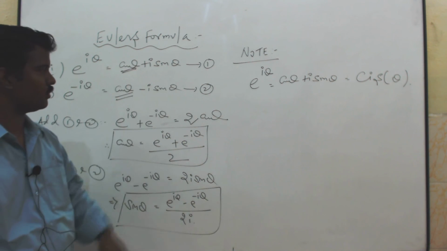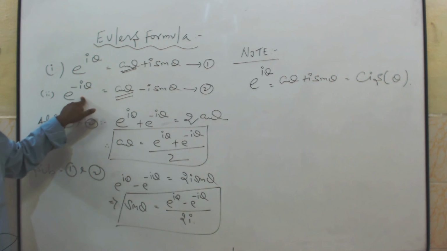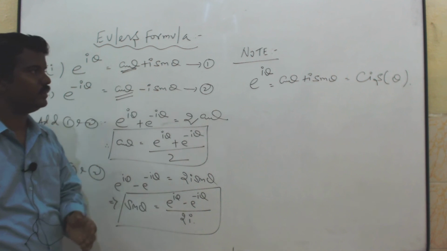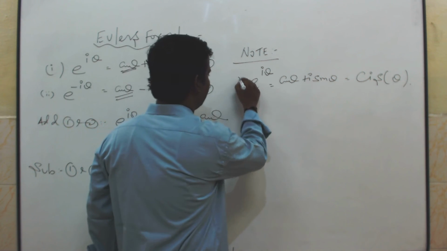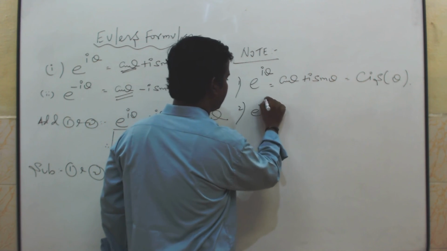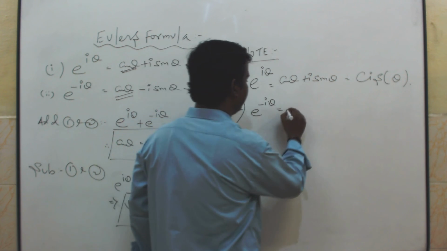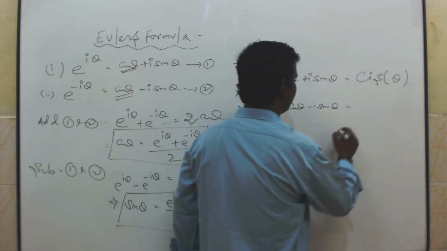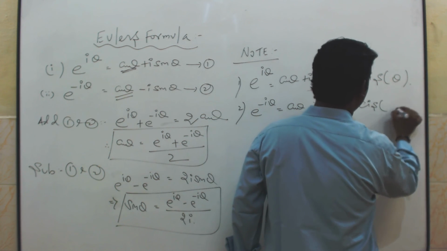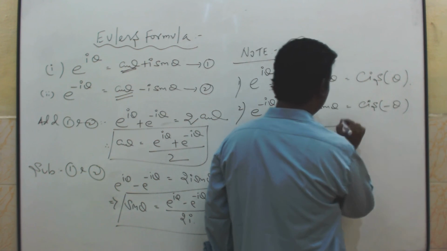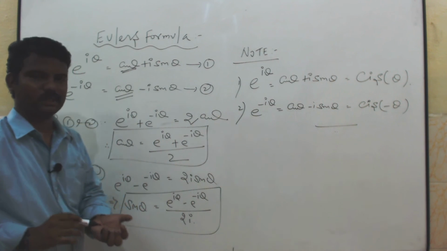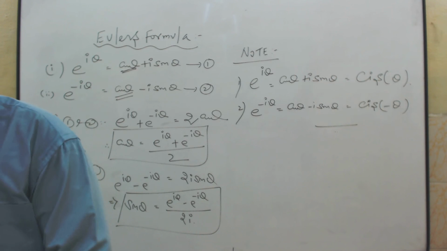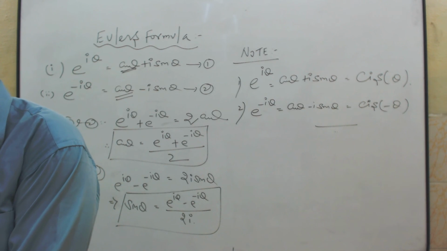Similarly, look at the second one, e power minus i theta can be written as cos theta minus i sin theta. Right? This is note number 1. Note number 2 is e power minus i theta is cos theta minus i sin theta. In short form we can write this as cis minus theta. We can write like this also. Right? So with this we have completed exercise 3.2.